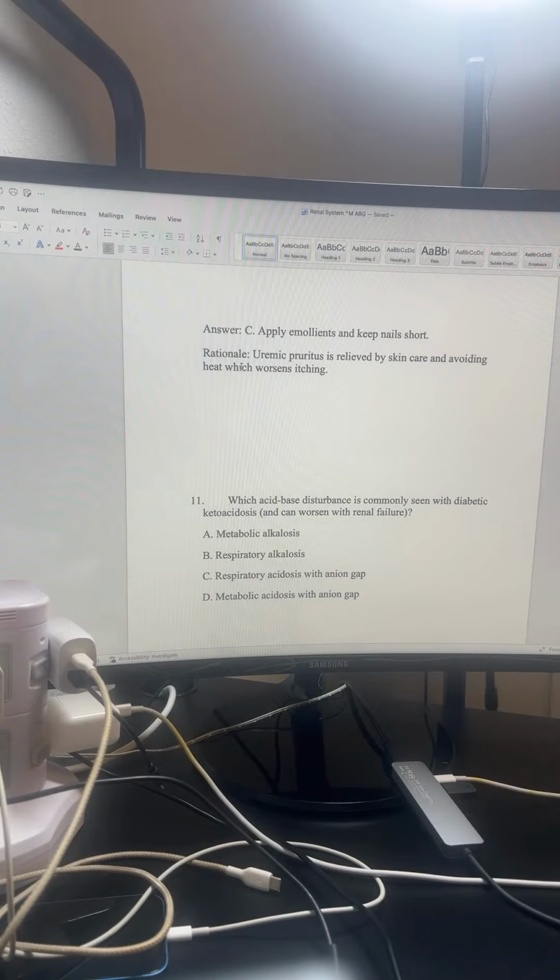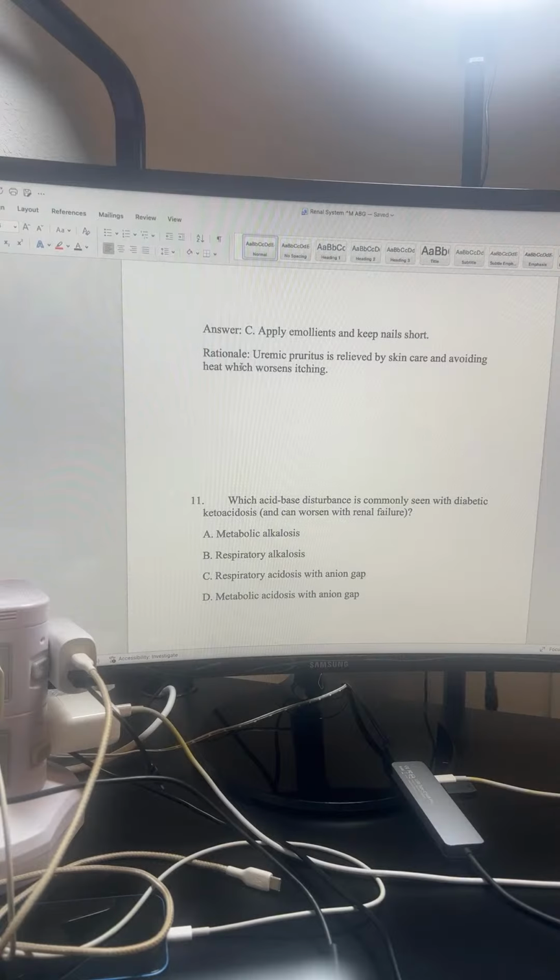Which acid-base disturbance is commonly seen in diabetic ketoacidosis and can worsen with renal failure? A, metabolic alkalosis, B, respiratory alkalosis, C, respiratory acidosis with an anion gap, or D, metabolic acidosis with an anion gap.